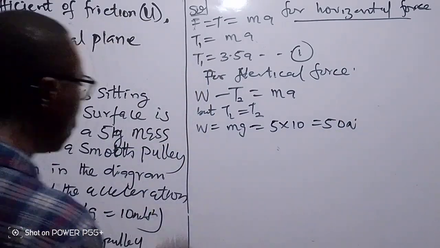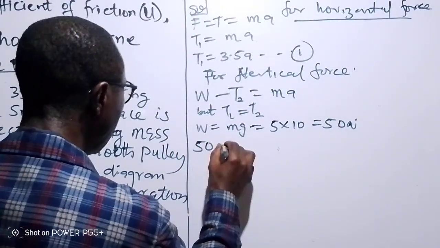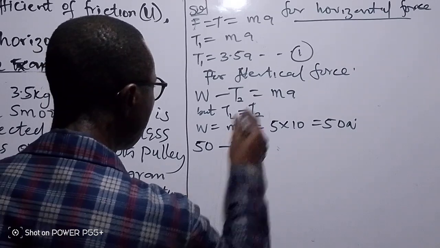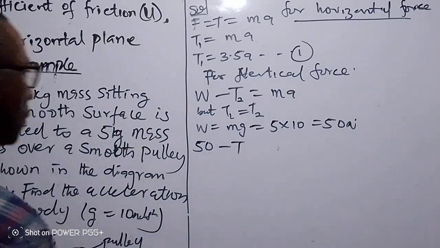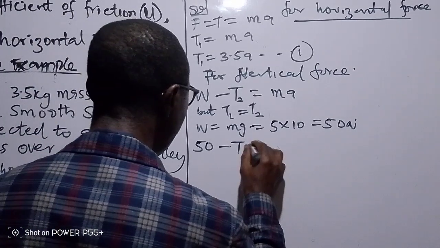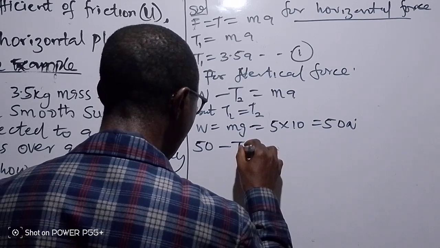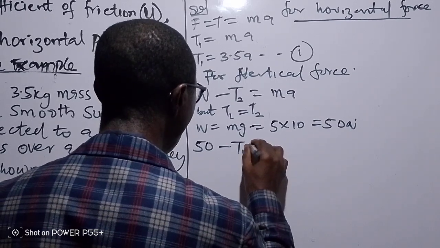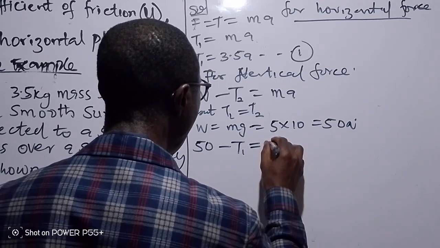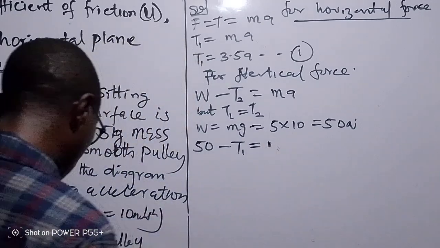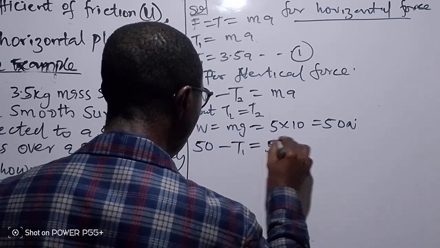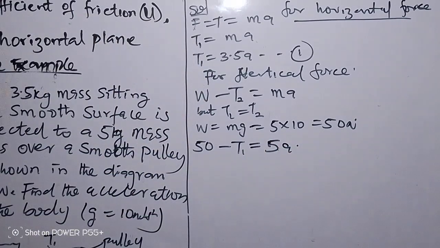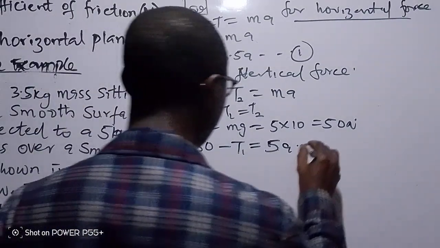So we are going to have 50 minus T. We said T is equal to T1 is equal to T2, so let's take T1. 50 minus T1 is equal to our M here, which is 5A. So let's take this one as equation 2.